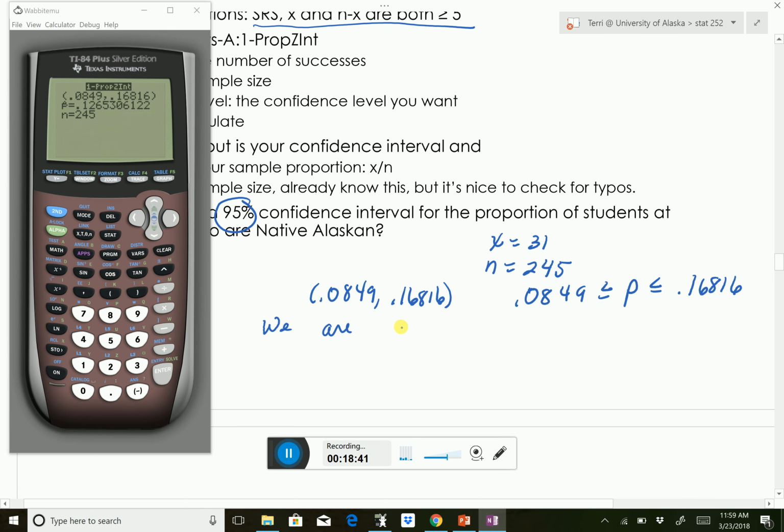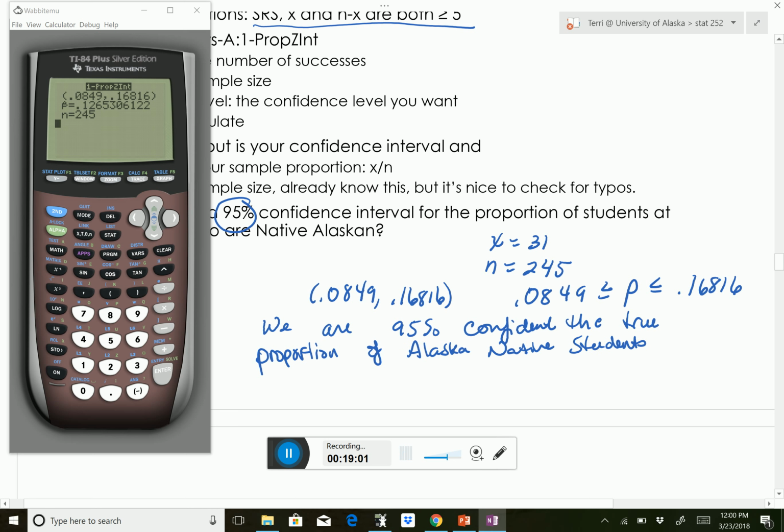So we are 95% confident the true, and make sure you write the word proportion of Alaska Native students at UAA is between, and you can even turn these into a percentage now, 8.49% and 16.82%.